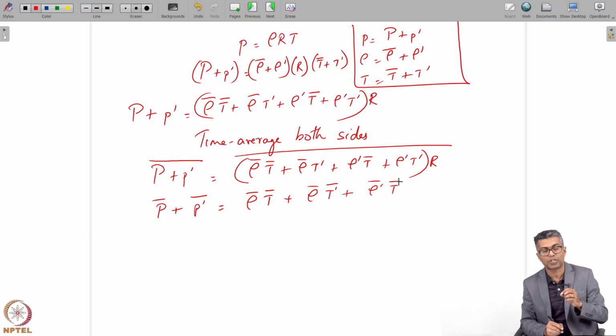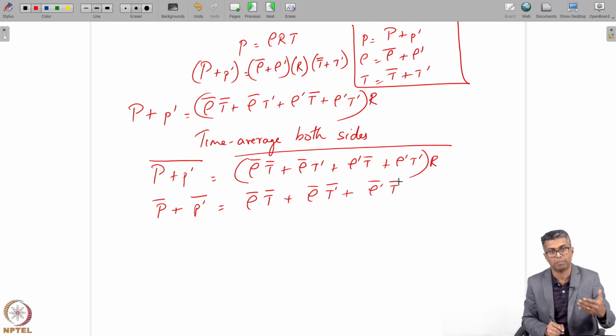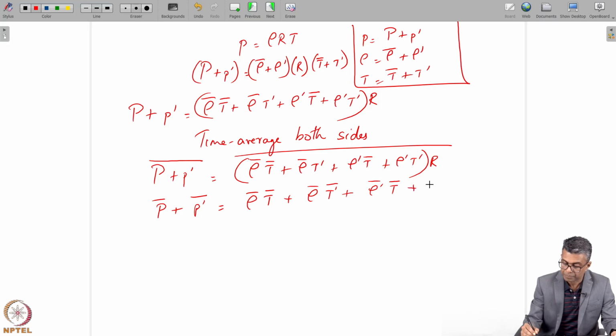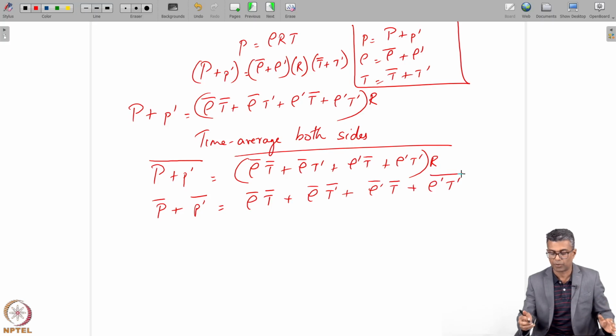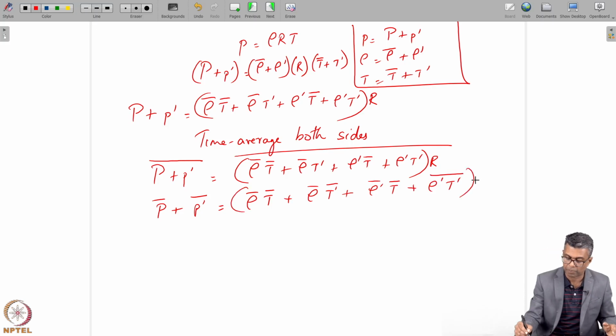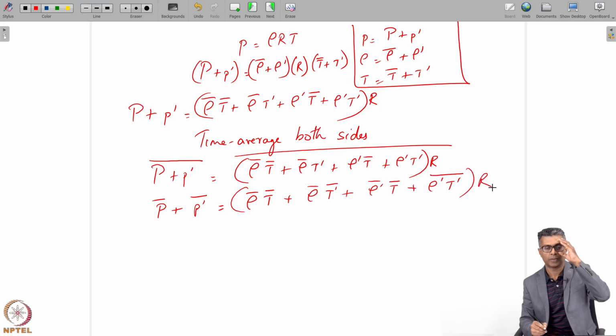Because the average of T bar, when you take an average of it again, you still get T bar. But the rho prime, when you're taking an average, you get rho prime bar plus rho prime T prime. Now that's a correlation. You will have to take an average of both of those, and that you cannot split. This whole thing multiplied by R, of course.